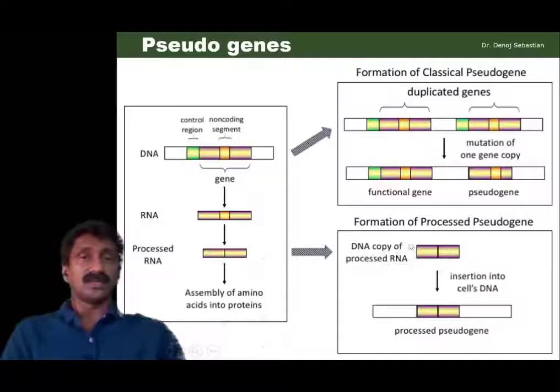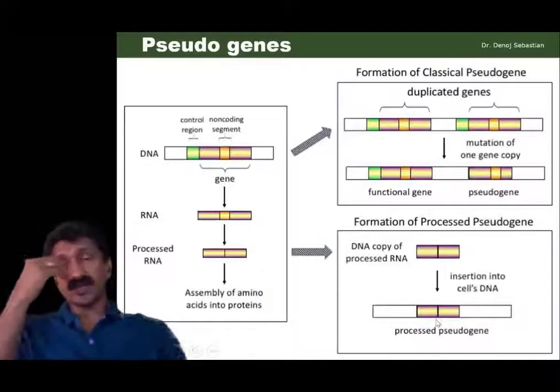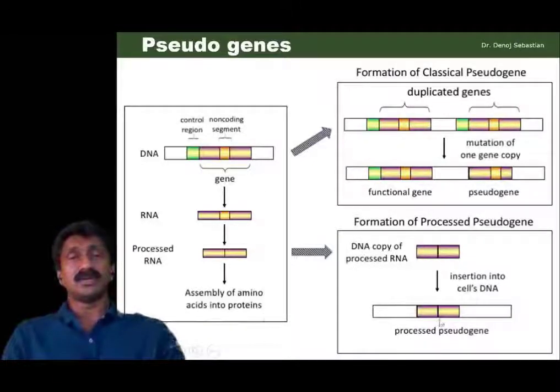And subsequently, this may be inserted back into the genome. So this event of insertion of a processed copy of the target gene back into the genome by the process of reverse transcription may create a pseudogene. Here you don't have the regulatory elements, so it cannot be functional, but the sequence is inserted in between the chromosomal DNA. So that becomes a processed pseudogene.